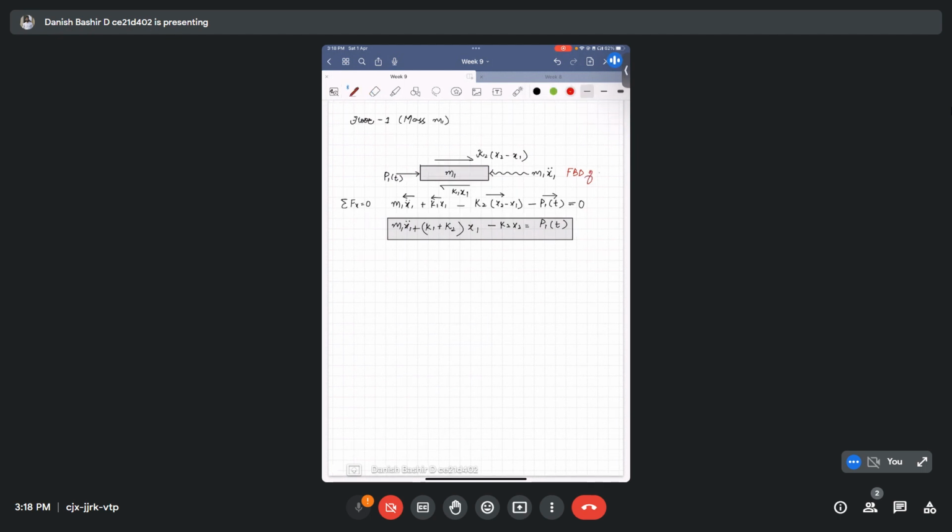For floor 2, with mass m2, we have to write the equation of motion in a similar fashion, so I will just copy paste the things from here. Floor 2 is the same thing, we just have to change little things, so we have to modify a few things.